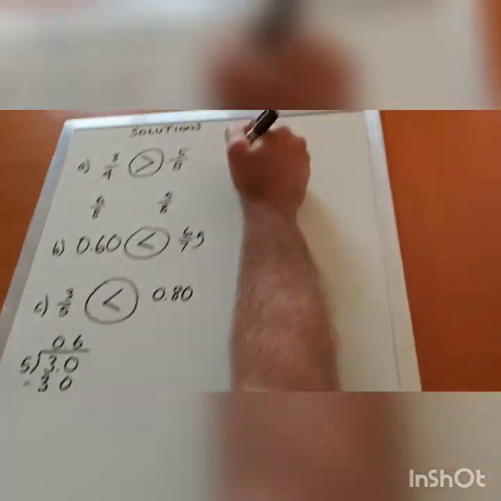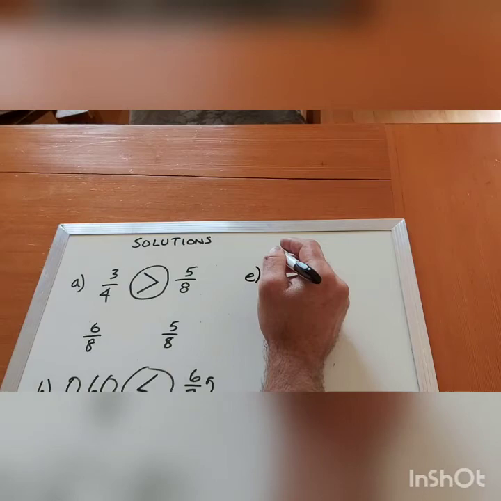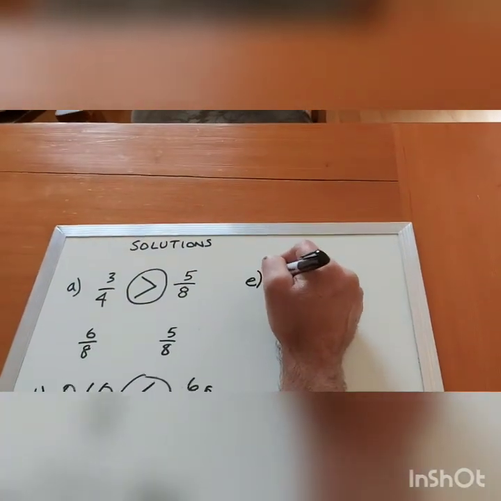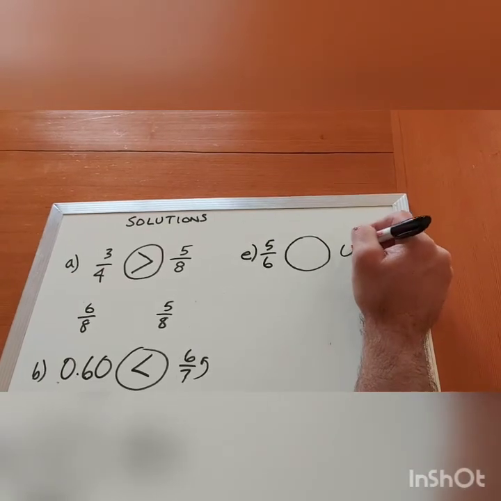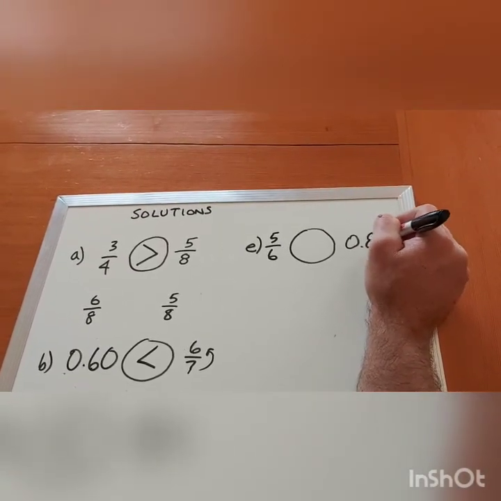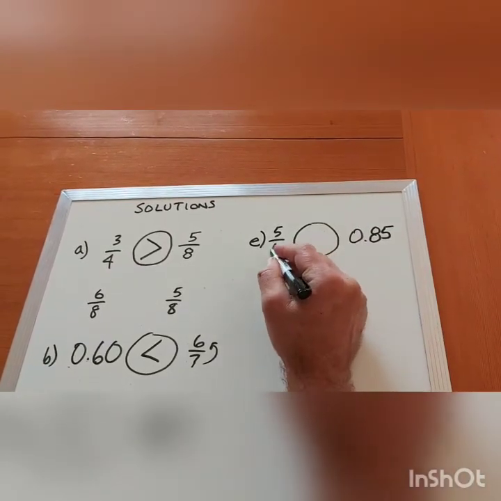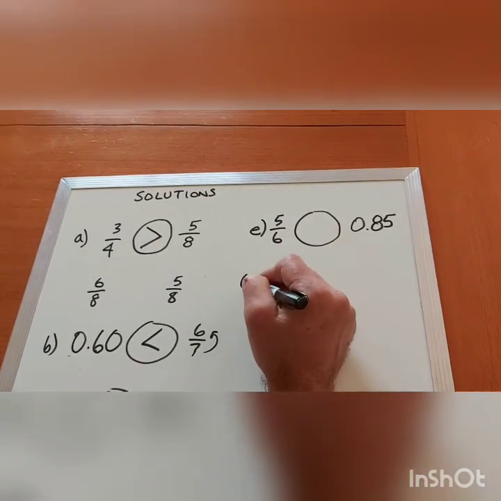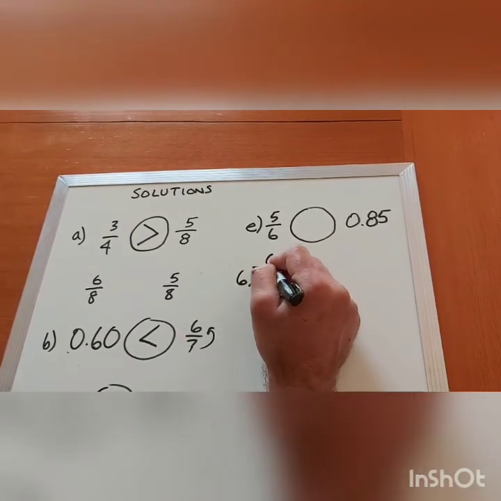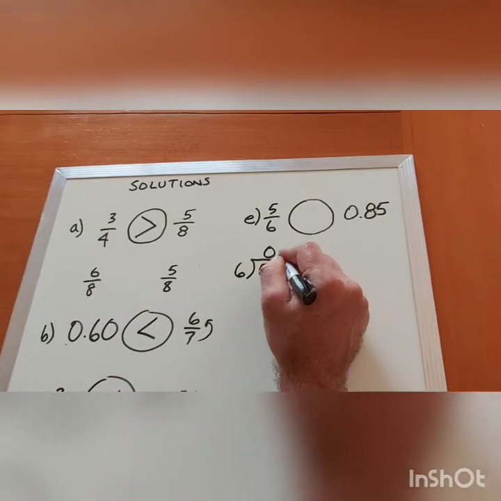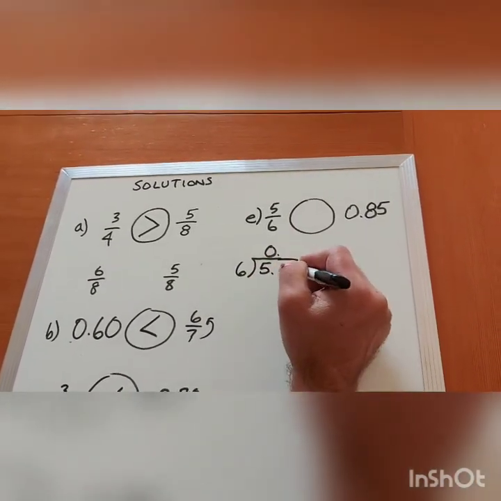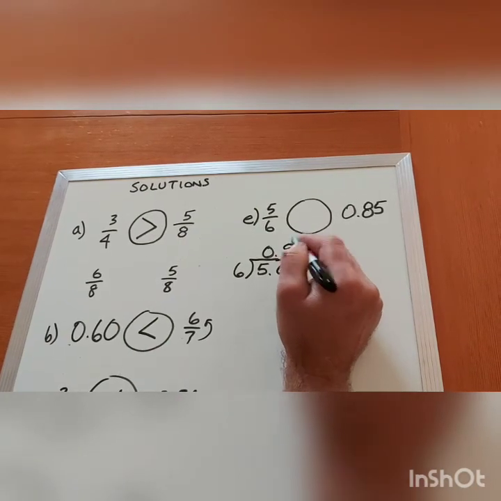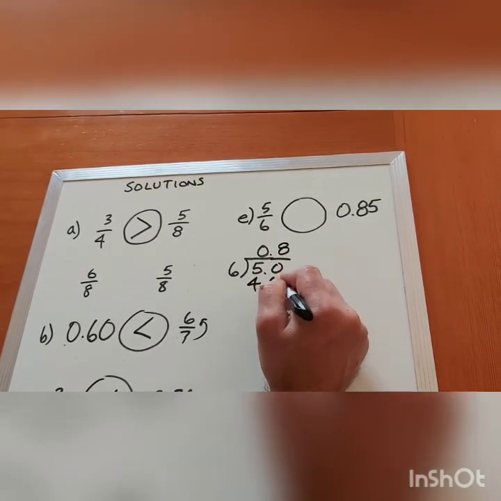For question E, I'll do it up above. We have 5/6 compared to 0.85. We'll convert the fraction into a decimal, so I divide 6 into 5, which goes 0 times. We expand it by adding our decimals and our zeros. 6 into 50 goes 8 times. 8 times 6 is 48.